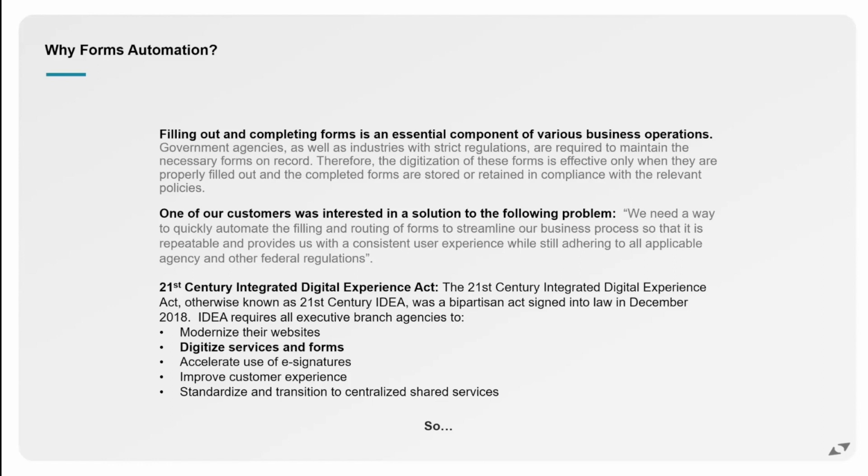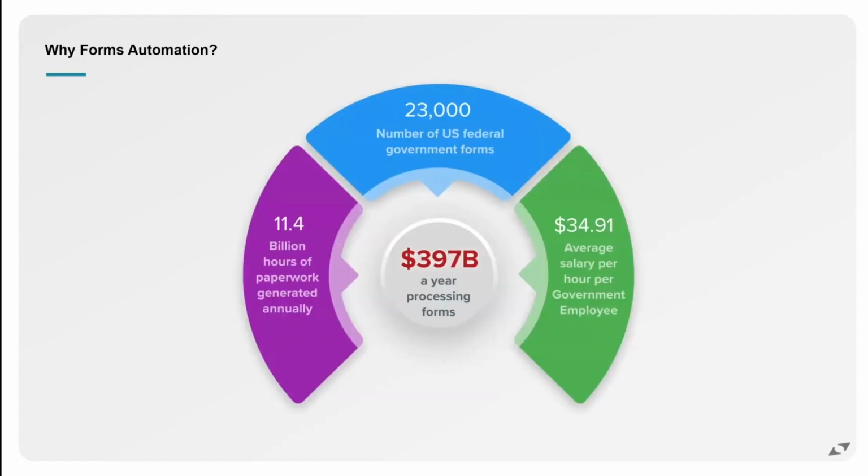So there is a compelling use case for forms automation, and the ability to build this and make this native to ServiceNow, which is so popular inside the public sector, is very significant. Just for some quick numbers to noodle over, we put together some numbers when we were investigating whether we should focus on doing this. And we found out that approximately 11.4 billion hours of paperwork are generated annually.